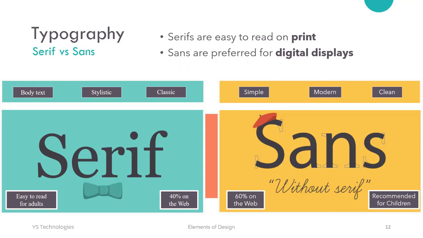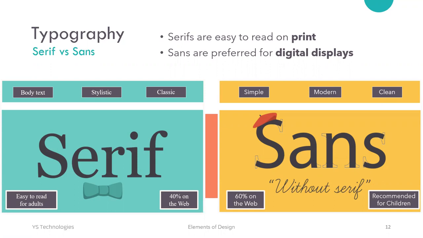All right, so when do we use serif and when do we use sans? Do we exclusively use sans in digital displays? Not really. If we survey the websites, we find that 40% of the text on the web is in serif fonts, while 60% is sans. There is a shift toward using more and more sans fonts, but serif is not considered undesirable. It can be used if you want to send a certain type of message.